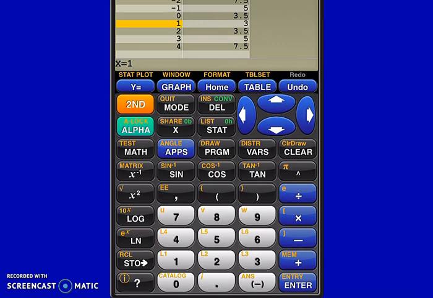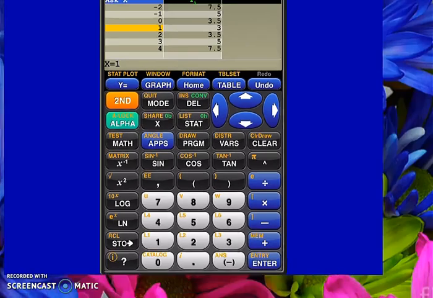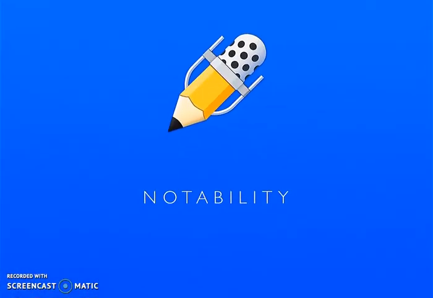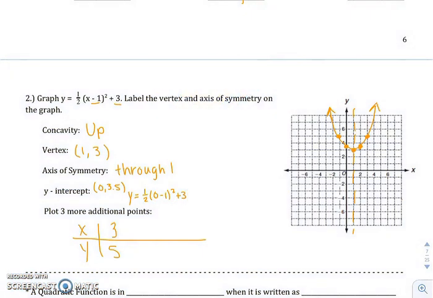Sometimes you can find your vertex using the table, but if nothing else, you can use the table to find those additional points. But you need to be able to understand from looking at the equation that the center of my graph, the vertex, is at 1, 3, and my axis of symmetry will be through 1. Then you can go to your table, put it in the calculator, and get those additional points.